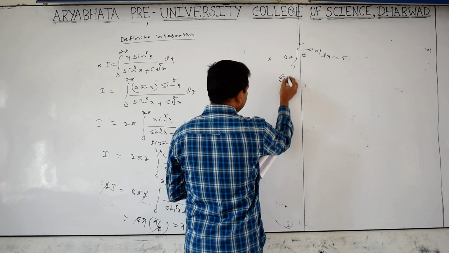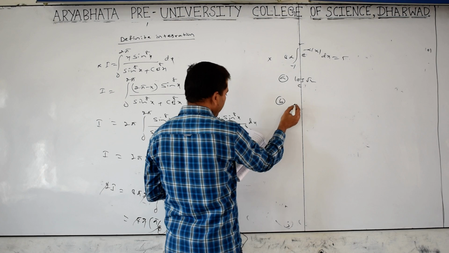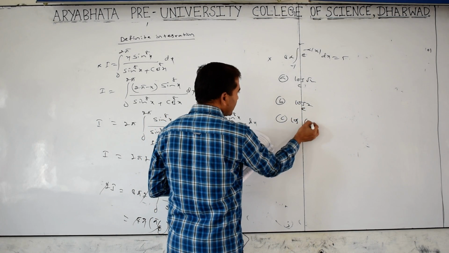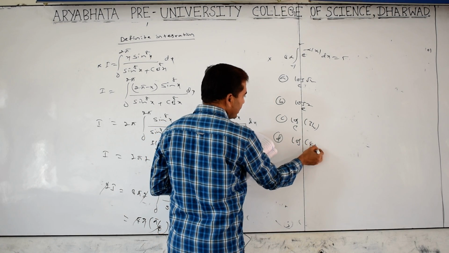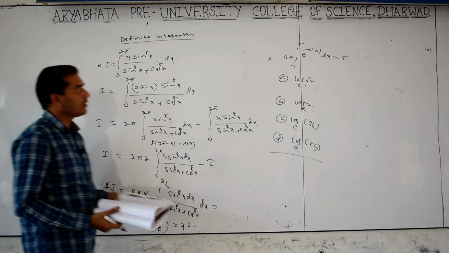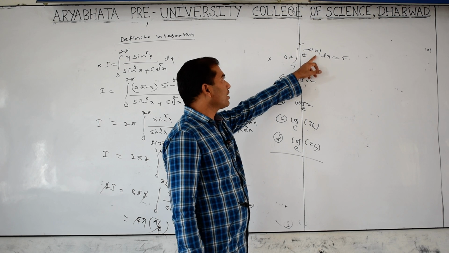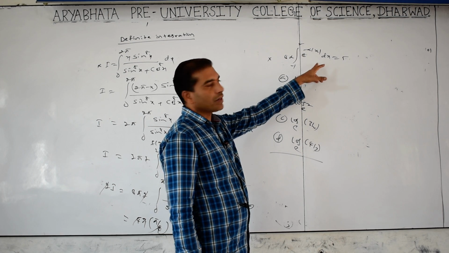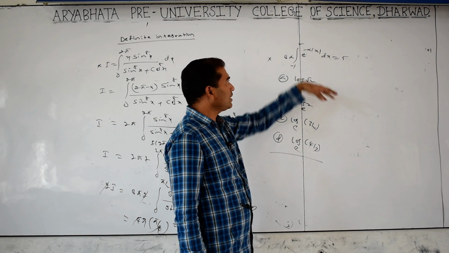Then alpha equals: A log of root 2 base e, B log 2 base e, C log of 3 by 2 base e, D log of 4 by 3 base e. Try yourself. First you can split it into minus 1 to 0 and 0 to 2. Why? Because mod x changes: below 0 it is negative, above 0 it is positive. So that is why you split the interval into minus 1 to 0 and 0 to 2, then simplify it.